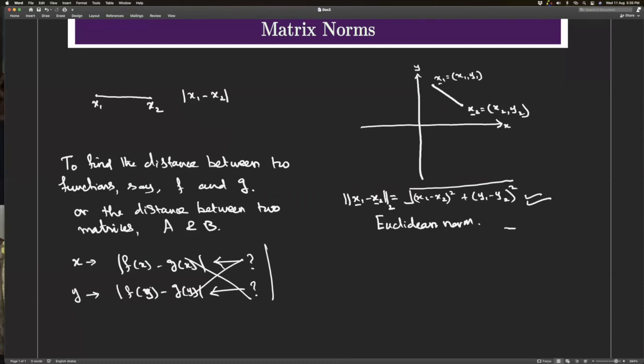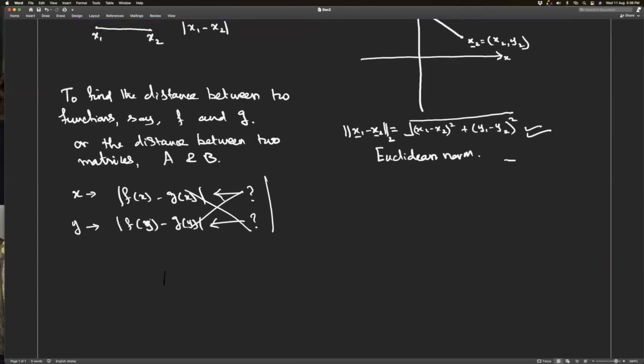In fact, a tool to find distance between 2 matrices is really required in our case. For instance, when you claim that you have a method to find an approximate solution of the system, say Ax equal to b, for a given matrix A and right hand side b, what that method does is it gives an approximate solution to your system, say denoted by xa. Now, if I ask you the question, how good is your method in approximating the solution of this system?